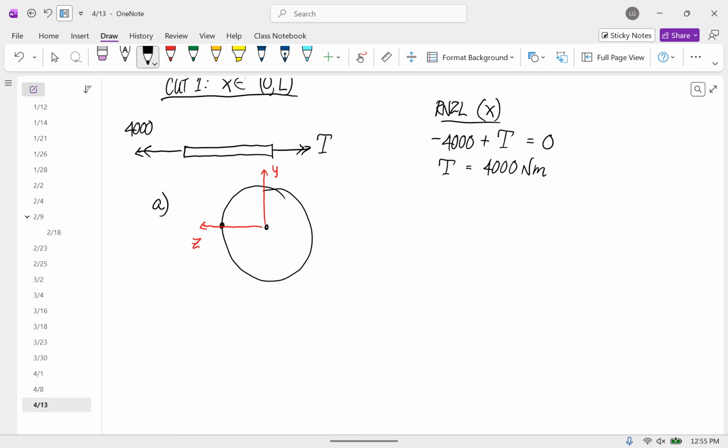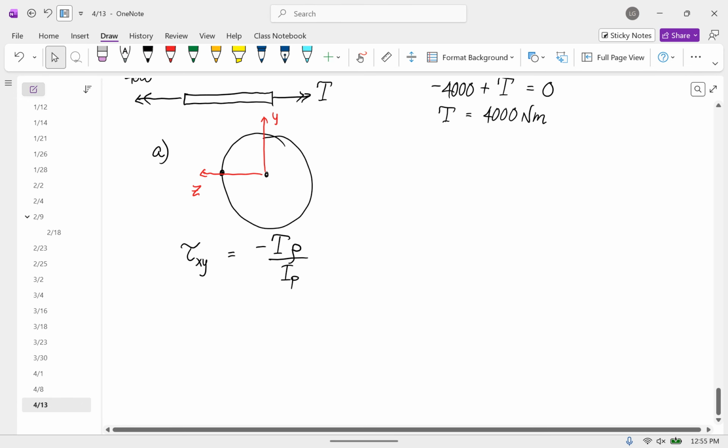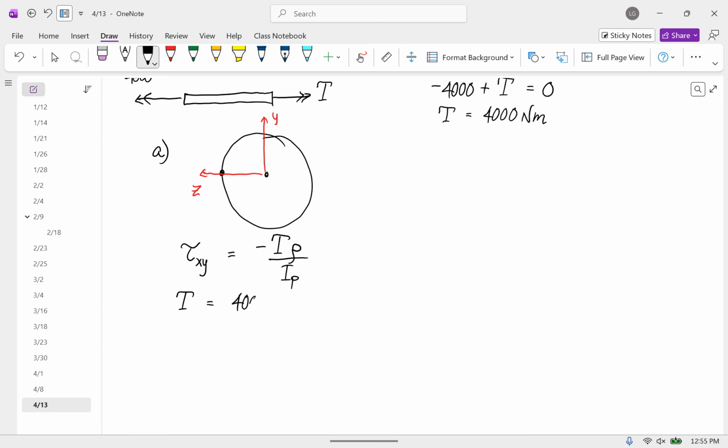And so our tau xy is equal to negative, I'll just write the formula first, the internal torque times the distance from the centroid to the point we care about, divided by our polar moment of inertia. And let's fill these values in. So our internal torque is positive 4,000.